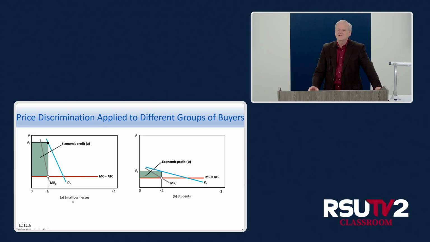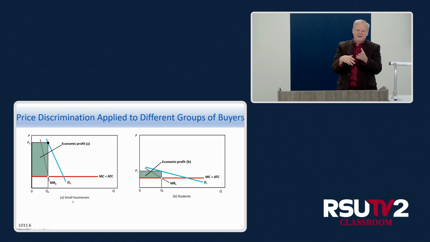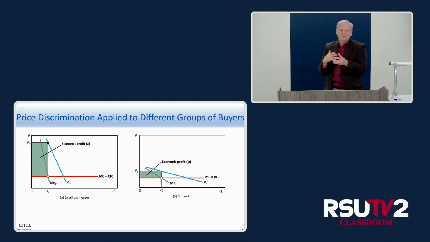For small businesses, they got to have the software. It reduces their expenses and so forth to use this new app or software. So you'll see their demand here is almost vertical. The demand curve that this firm faces in this market is almost vertical.